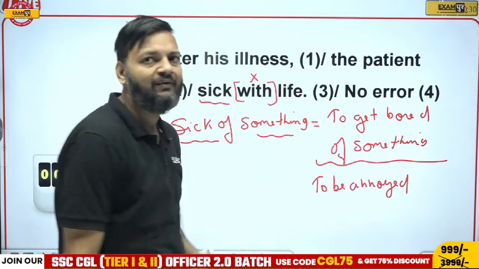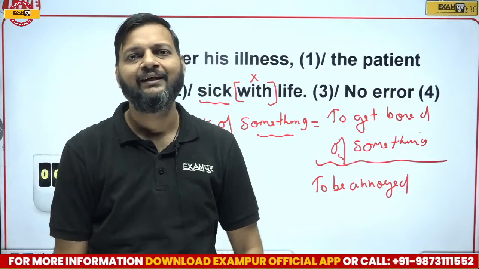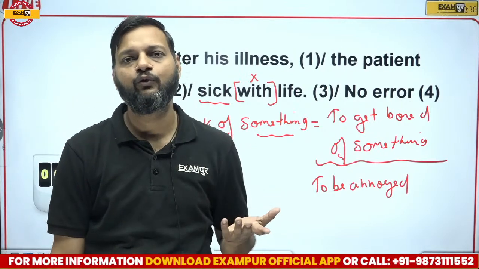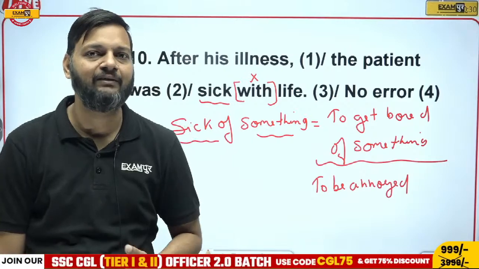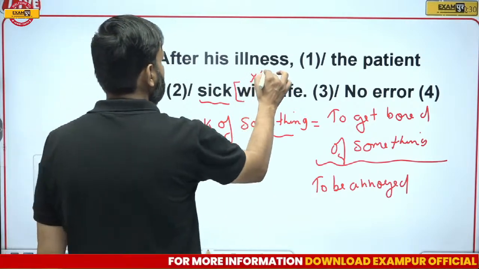For example, if I say I am sick of you, that means I am bored of you, or I get annoyed when I meet you. Okay, so sick is always followed by of. So here with will be replaced by of.